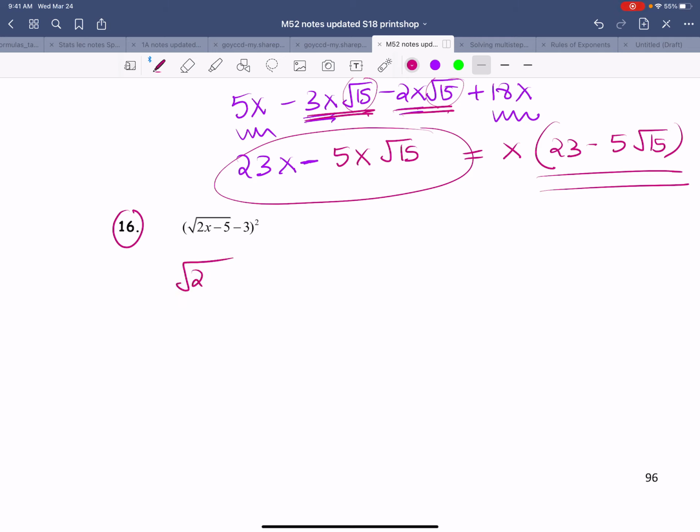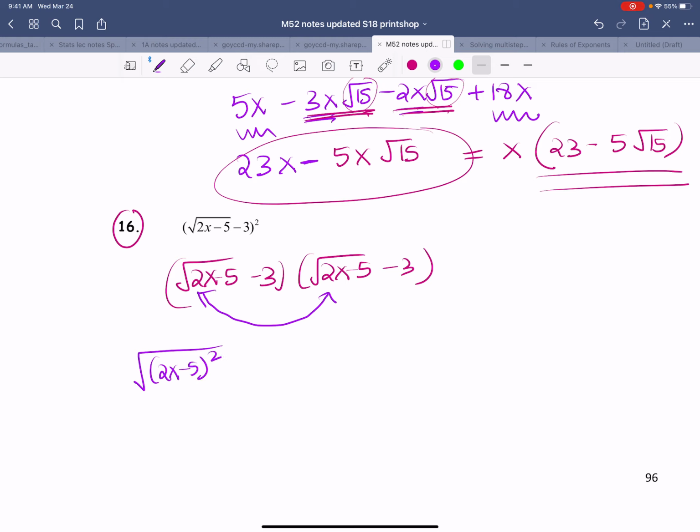I'm gonna first of all write them as 2 separate parentheses because square means I have 2 of these. Square means I'm multiplying this root 2x minus 5 minus 3 times root 2x minus 5 minus 3. Now I'm going to be doing foiling, first times first. So I would have 2x minus 5 squared because I have 2 of these inside.